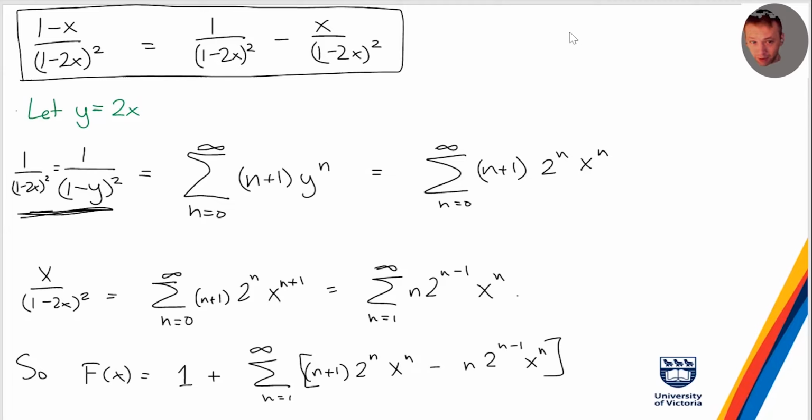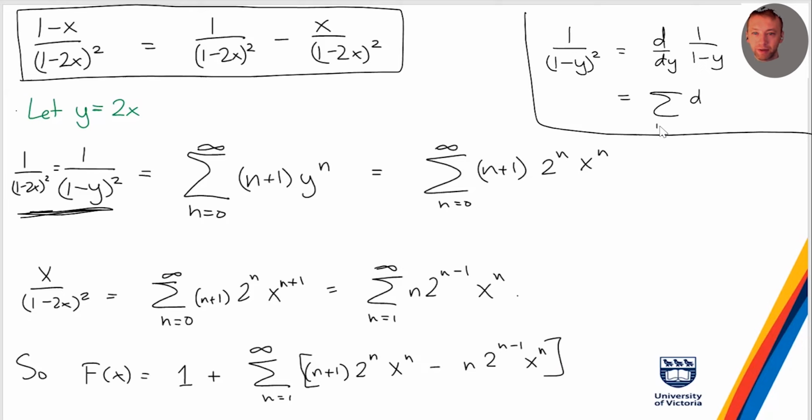For example, if you wanted, you can do that by saying 1 over (1 minus y) squared is the derivative of 1 over 1 minus y, which is the sum of the derivatives of y to the n, n equals 0 to infinity. And if you do a bit of manipulation, you get this, right?